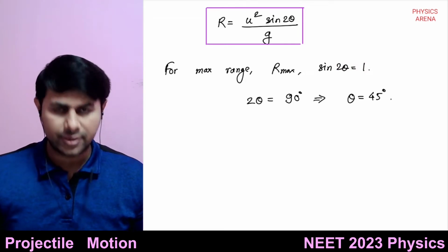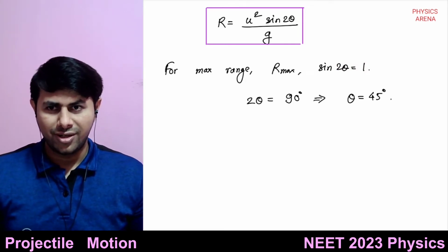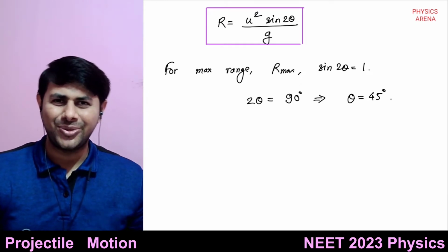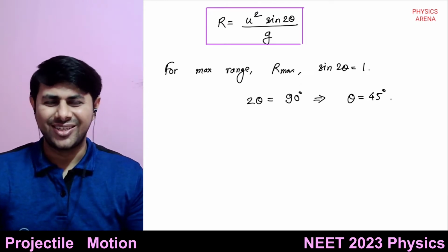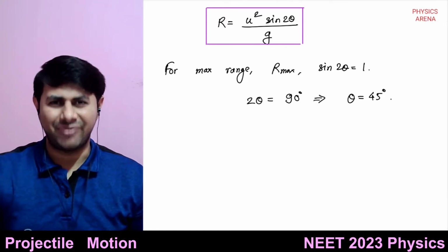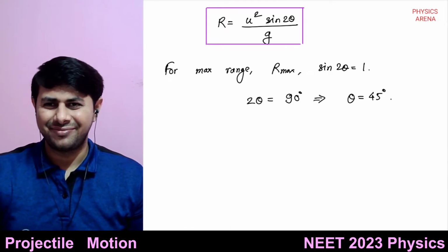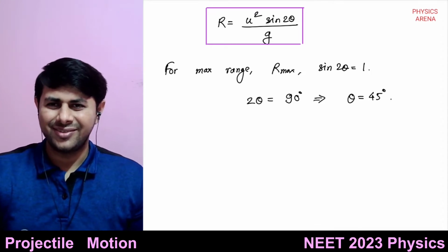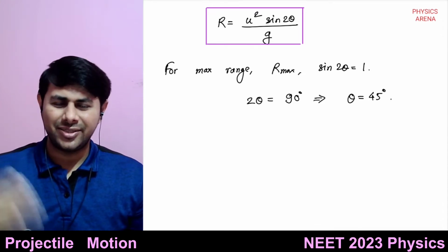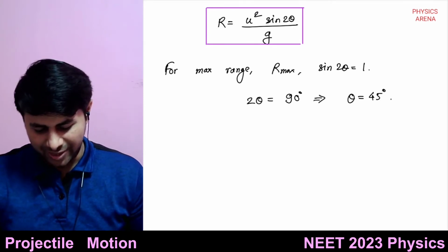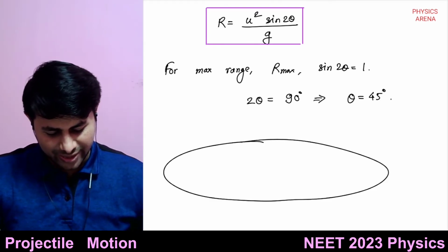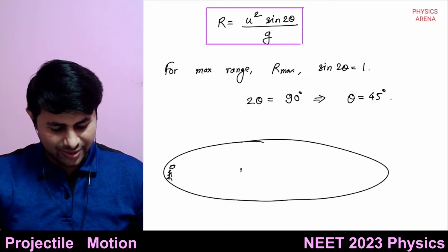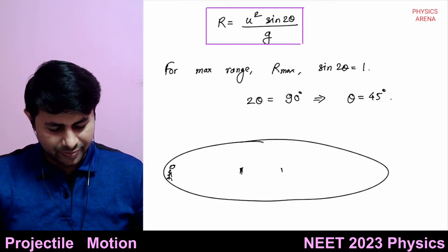So if you play cricket, at what angle should you throw the cricket ball such that you have to throw it with minimum effort? Let's suppose you are fielding at the boundary, and these are your stumps.